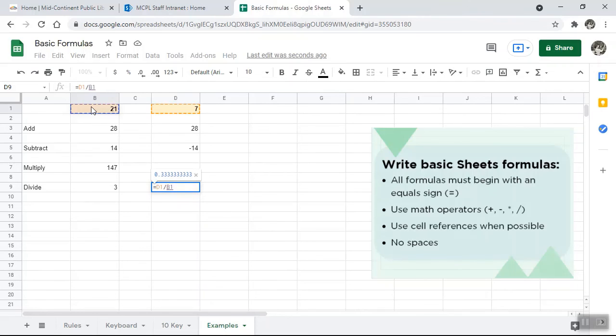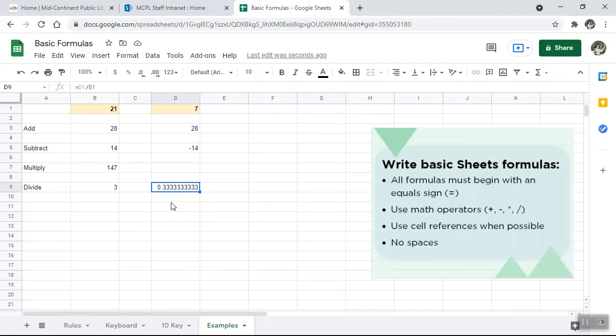And when we press enter, well, even before I press enter, notice that it's giving me the projected answer. So when I press enter, it says, yes, that is 1/3, or it's 0.3333, well, a lot of threes. So you can create fractions or decimal equivalents of those fractions as well, just depending on how you divide.